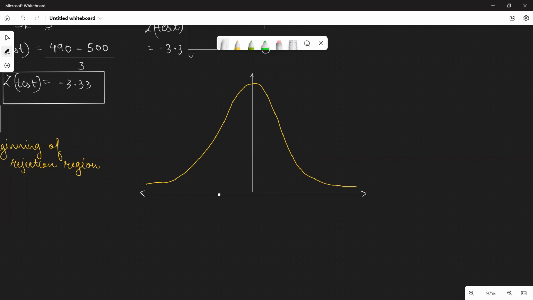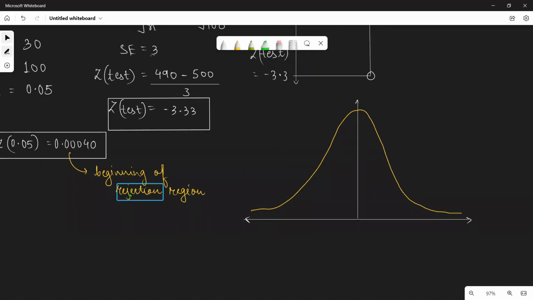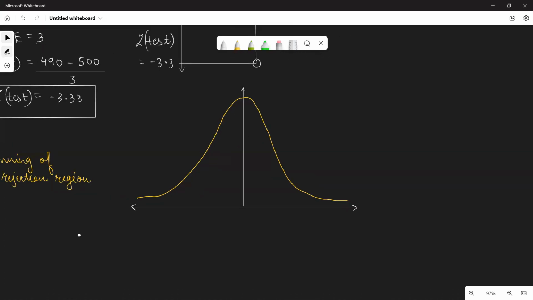That means the rejection region will lie on the left side of the diagram. As per the Z table, the beginning of the rejection region will start from the 0.00040 mark. That means it will be very close to this point.